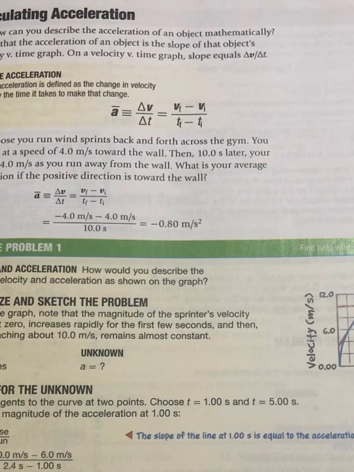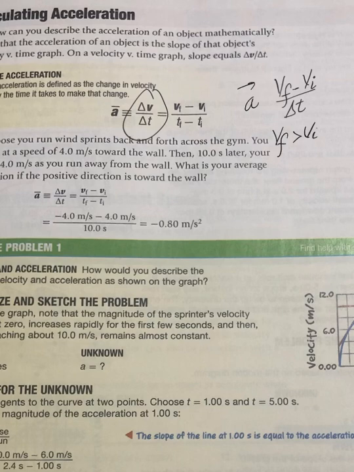Acceleration, what do you have in here? An equation. Remember that change is always final minus initial over the time interval. Let me put over here acceleration. When the final velocity is bigger than the initial, what happens with the acceleration?